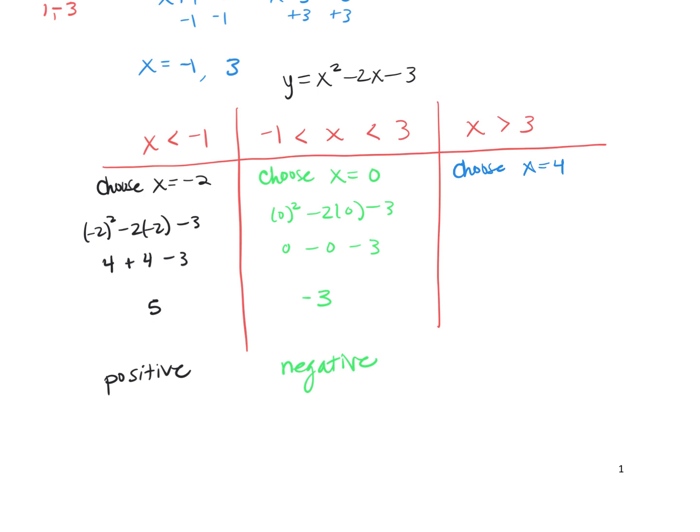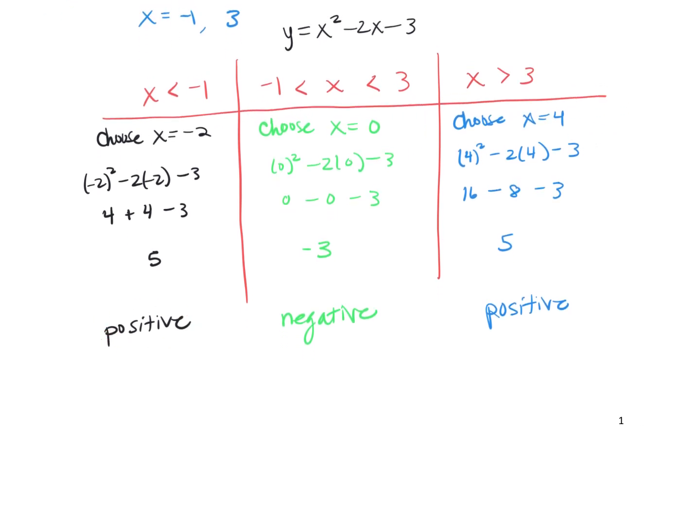So let's plug in a 4 for all of our x's. 4 squared minus 2 times 4 minus 3. 4 squared is 16, minus 8, minus 3. 16 minus 8 is 8. 8 minus 3 is 5. And 5 is a positive number.